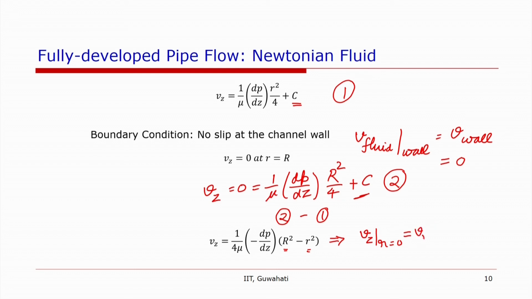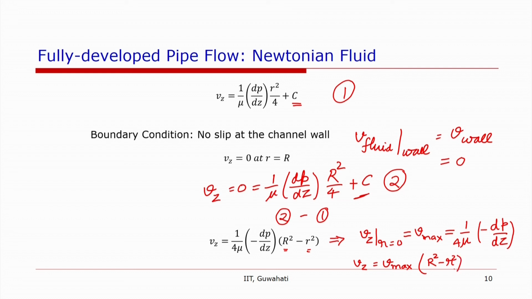So, V maximum is equal to 1 over 4 mu, minus dp by dz, into capital R square.